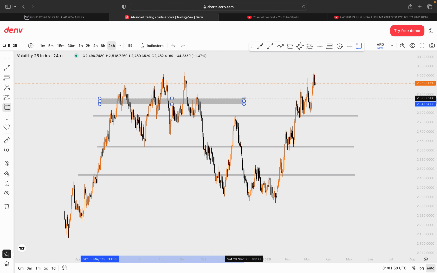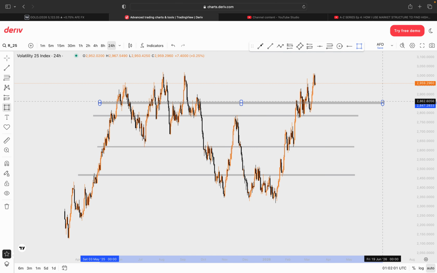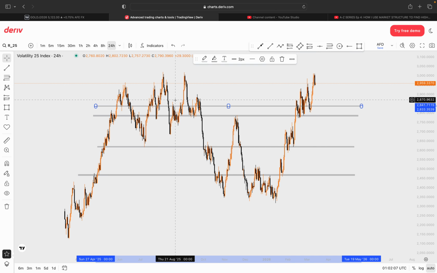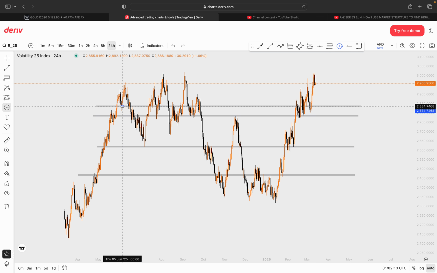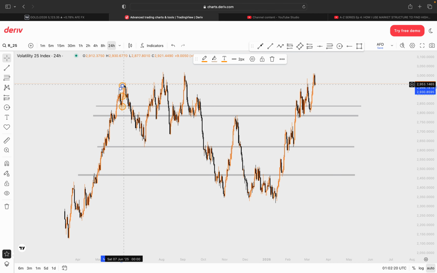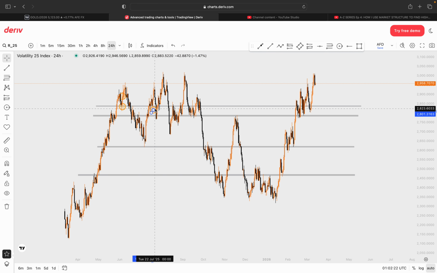Look for the next point. You are seeing this. Notice how I'm dragging and marking the points. Let me mark this point here, this one. I'm seeing a touch here, here. I'm seeing one here.